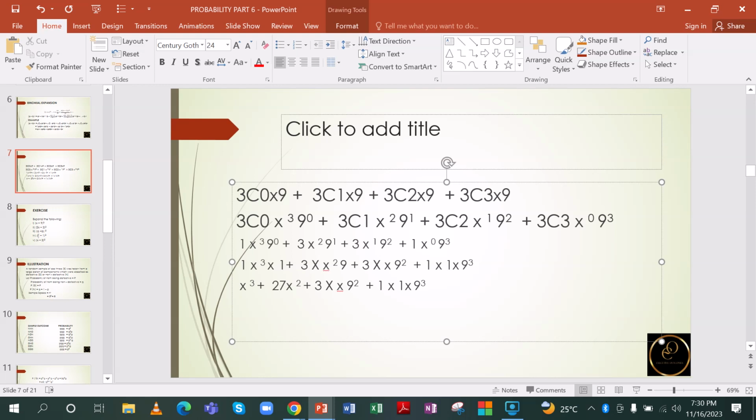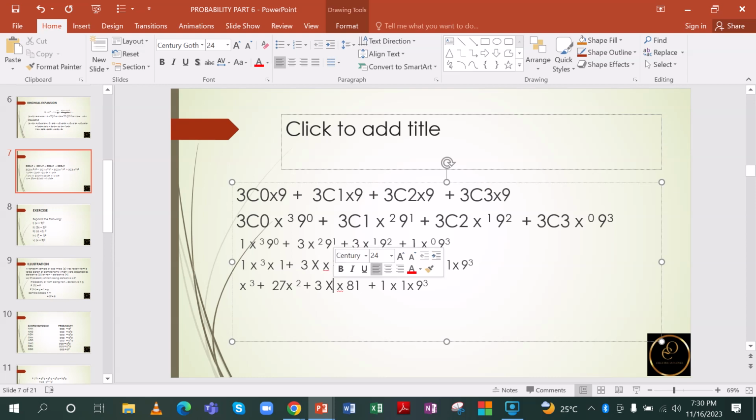Then here we have 3 times x times 9 squared. We are multiplying, first of all, 9 squared is 81. Then multiply by 3.